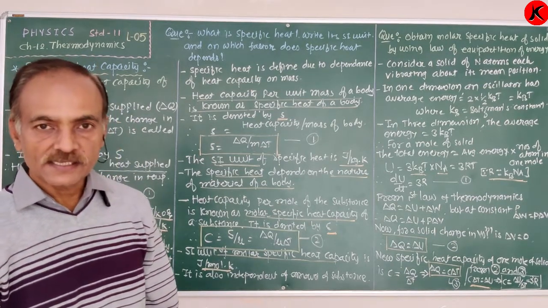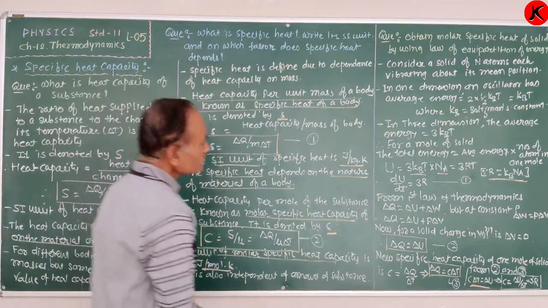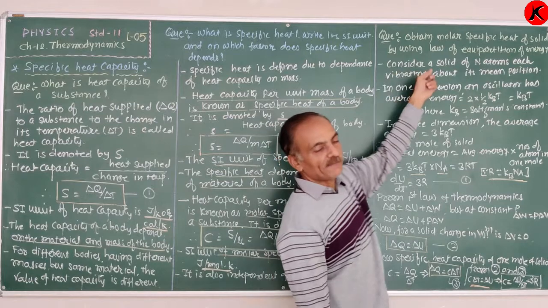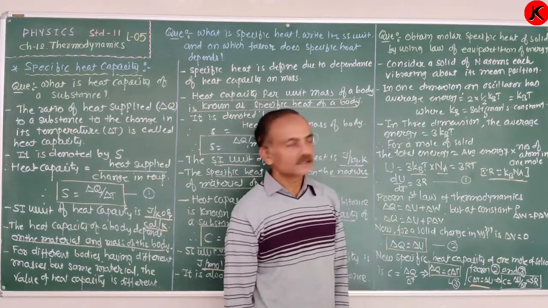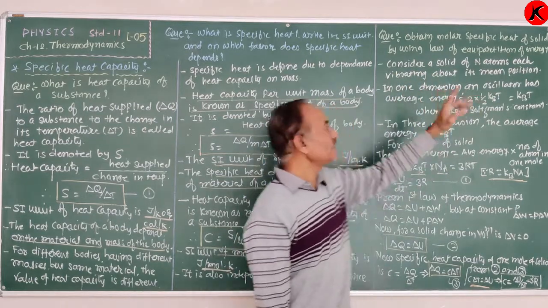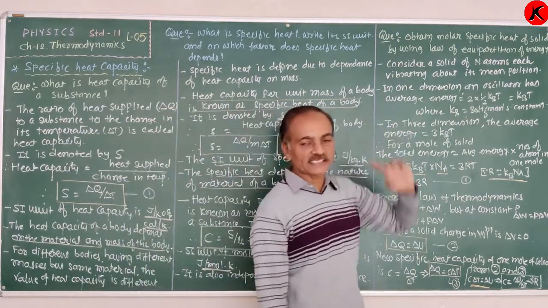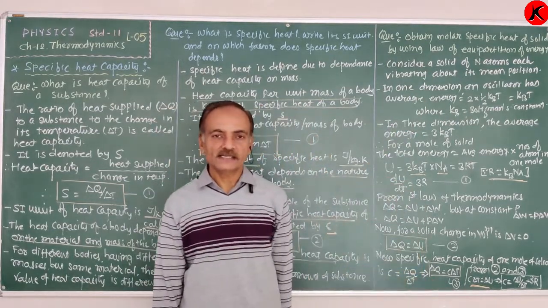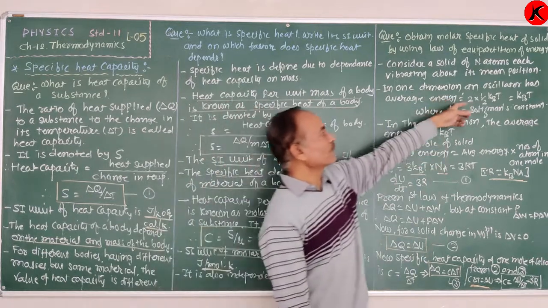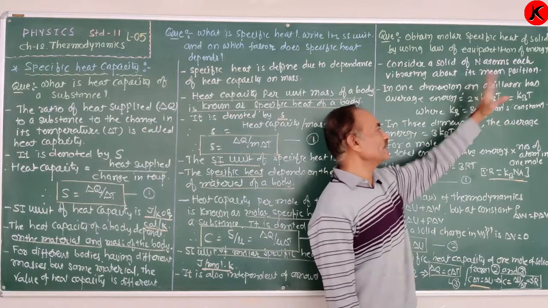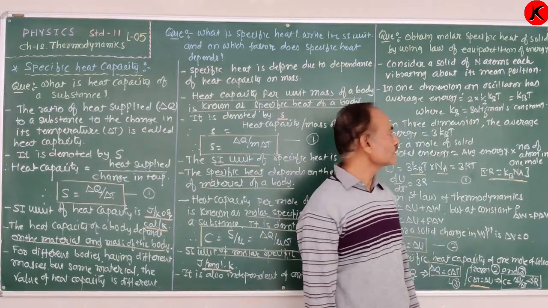So, very easy. Again, consider a solid of N atoms and each atom vibrating about its mean position. Now, in 1 dimension, an oscillator of the atom has an average energy of 2 into half kBT. In 1 dimension, the possibility of independent motion is 2. Therefore, 2 into half kBT, that means kBT.